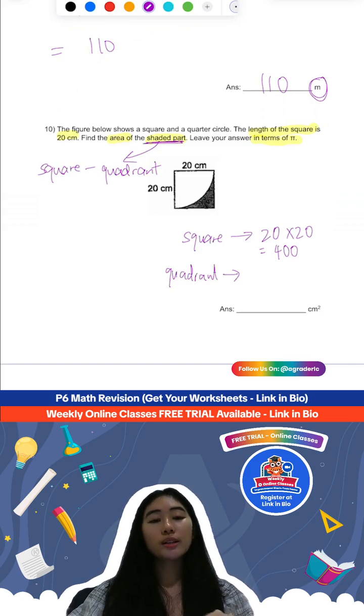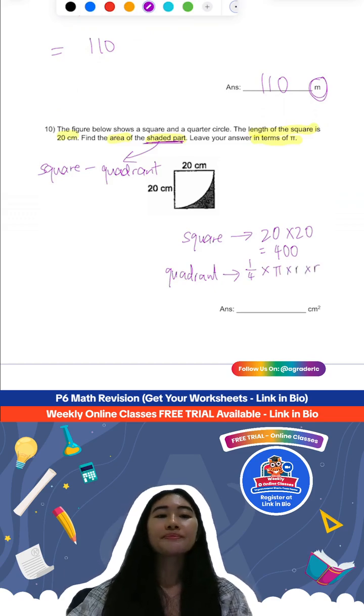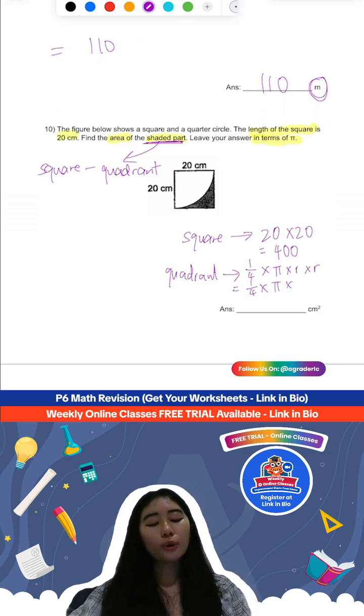Because it is a quarter circle, you have to use 1/4 times the formula for area, which is pi times r times r. Make sure you use the correct formula. Okay, so anyway, the radius for this quarter circle is 20.